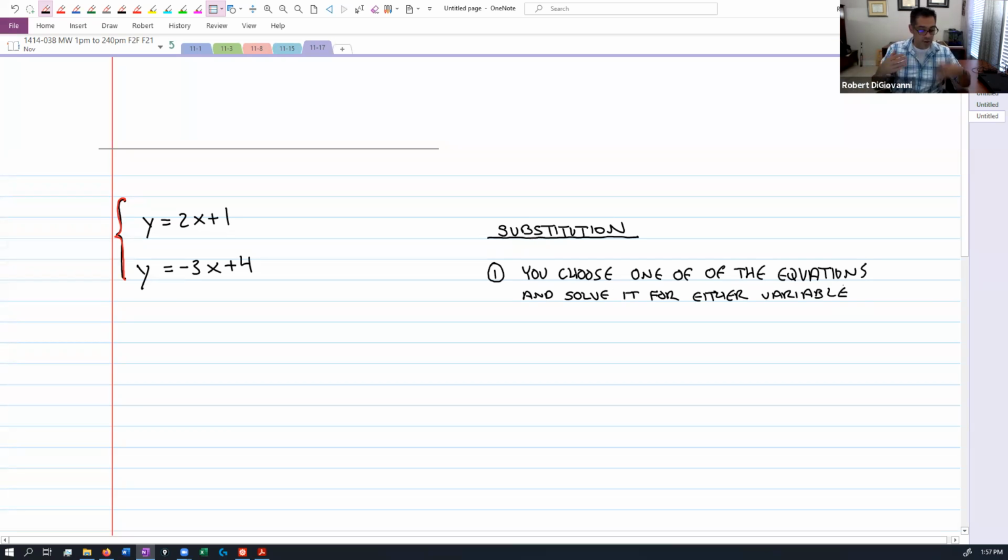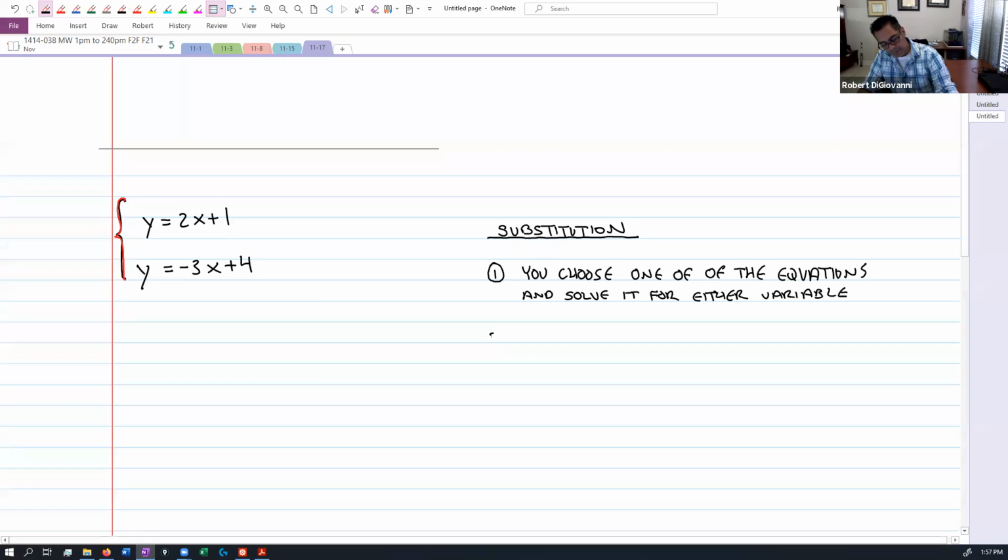So you get to look at the equations and you say, okay, I'm going to look at the first equation and solve it for x, or I'm going to look at the first equation and solve it for y, or you can do the second equation, solve for x, second equation, solve for y, your choice. Okay, that's the first step.